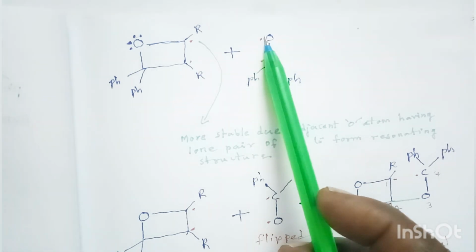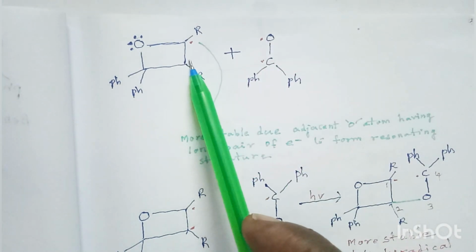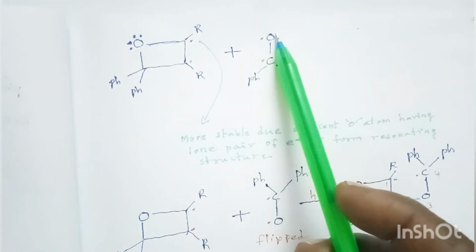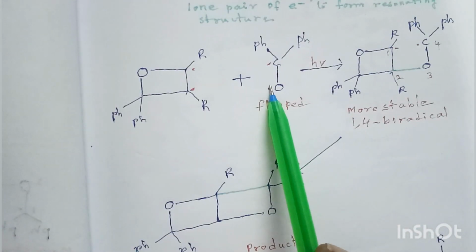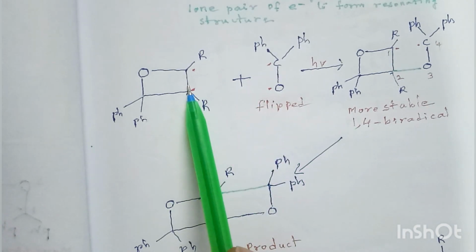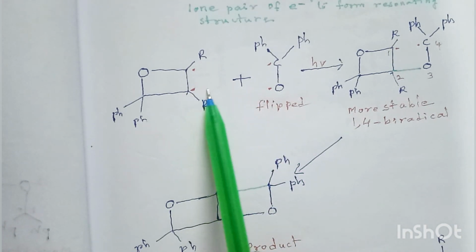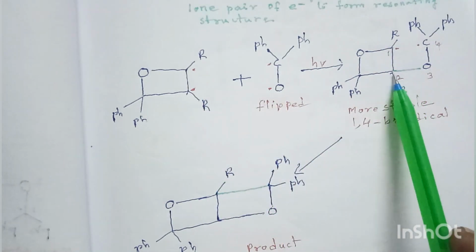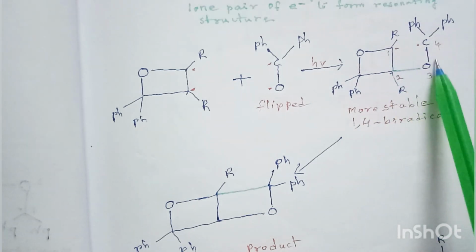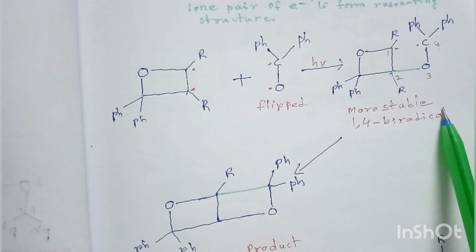So the less stable oxygen radical and the less stable radical of this compound will form a bond. So we will turn this structure upside down so that less stable oxygen radical and less stable carbon radical will come together and they form a bond to give us more stable 1,4 biradical intermediate.